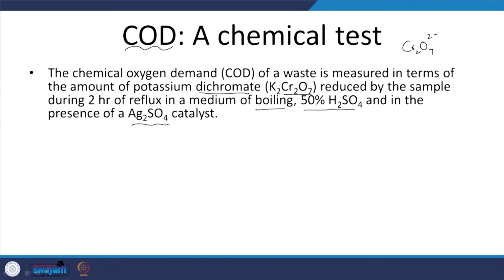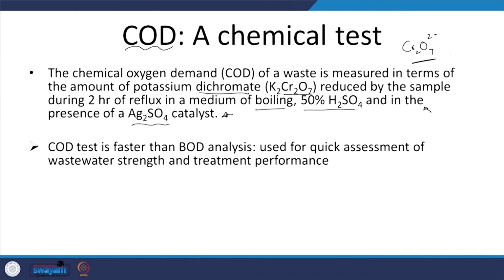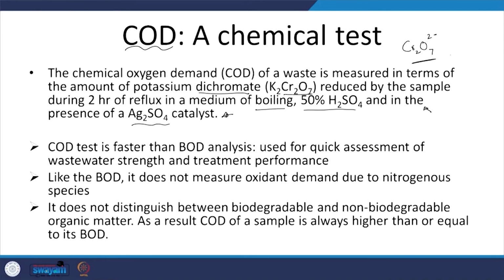Sometimes you also add mercury. Again, we are going to look at the reasons later. Mercury is added, I believe, to complex the chloride so that it is not oxidized by Cr2O7 2−. Ag2SO4 we are adding as a catalyst. Stoichiometry, you can look at that. COD is faster than BOD, that is something that we already knew.